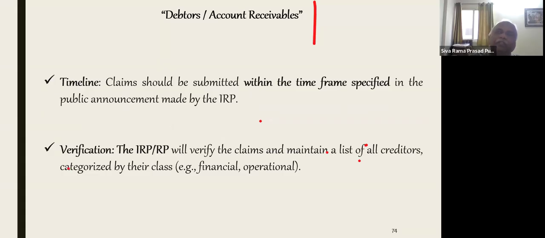Normally the verification will be done by the RP only, not by the authorized representative. He is only the facilitator, doing a postman's duty. Whatever the instructions of the RP are, he will pass on to the class of creditors, and whatever the class of creditors' views are, he will pass on. For voting, the RP will arrange the electronic form and follow up. All these things are there.